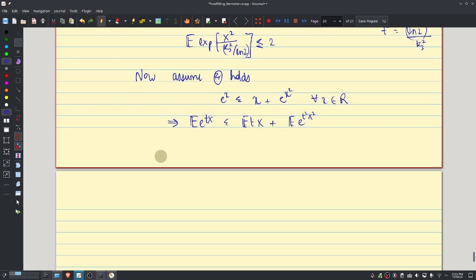I want to show that 5 holds. So what is the assumption in part 5? What is the expected value of tx? 0, because I'm assuming it's a zero mean random variable.